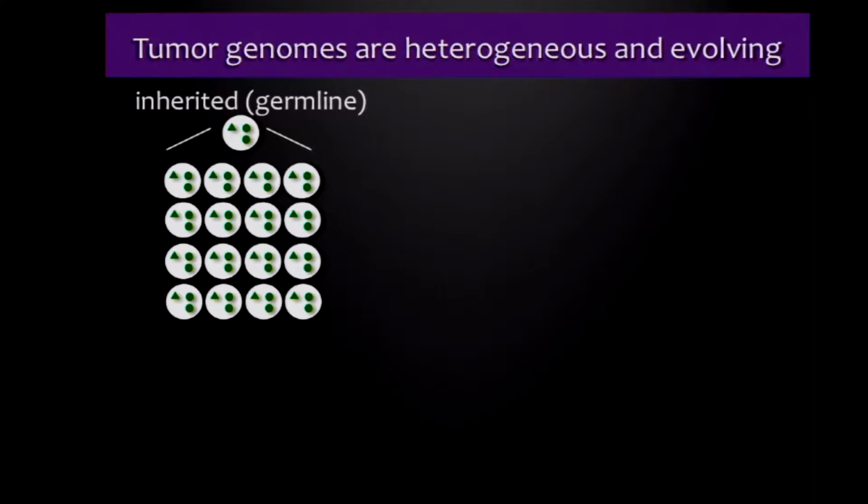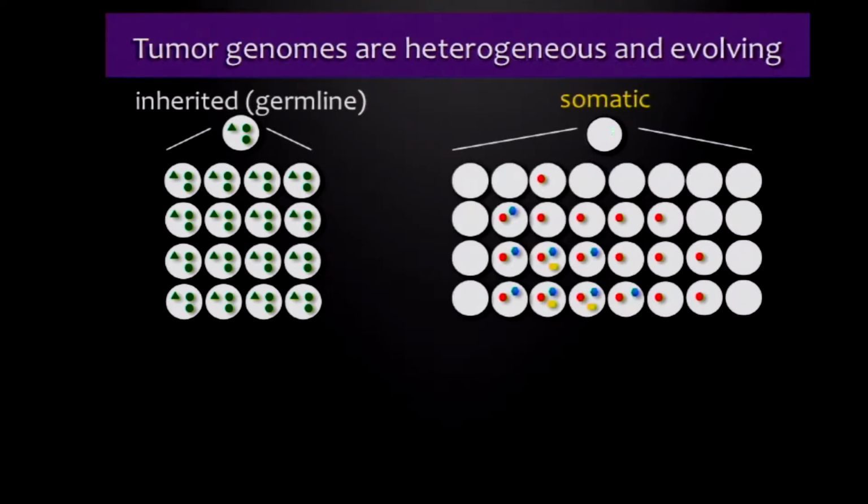On the other hand, for somatically acquired variants, a cell in your body may acquire a particular variant, and then that progenitor cell gives rise to other cells, and new mutations come into being.